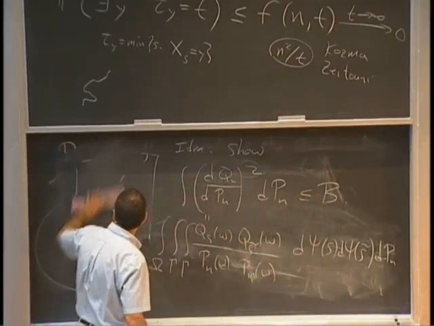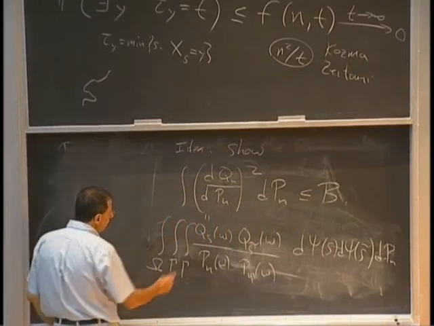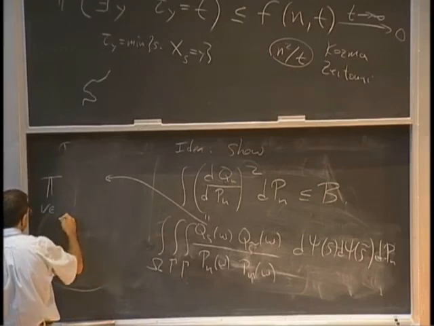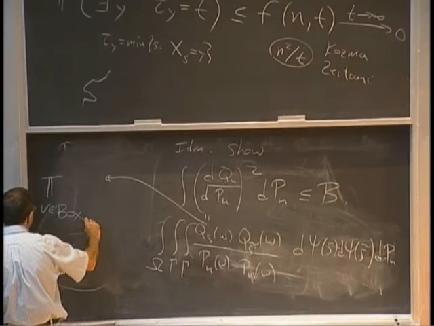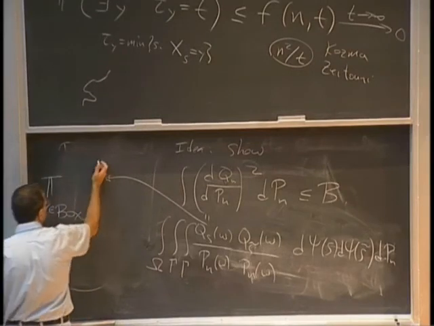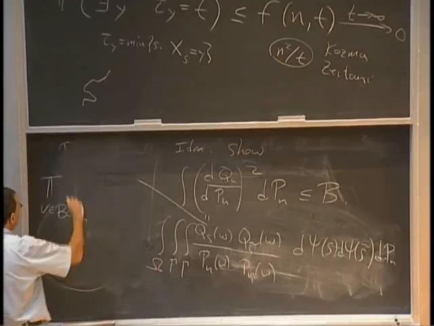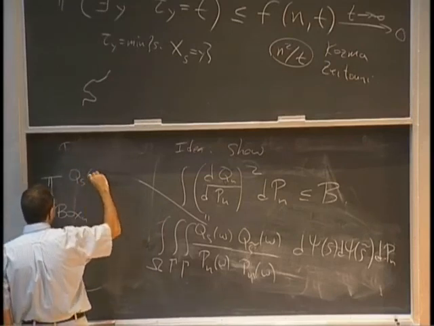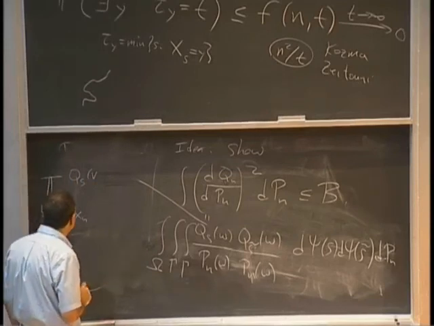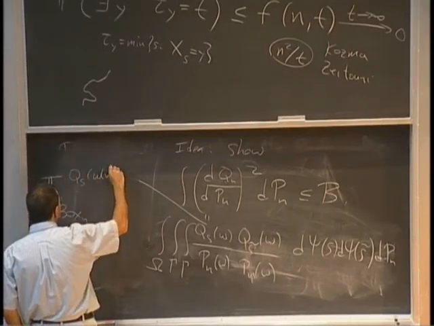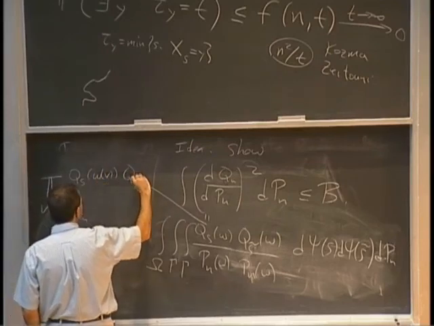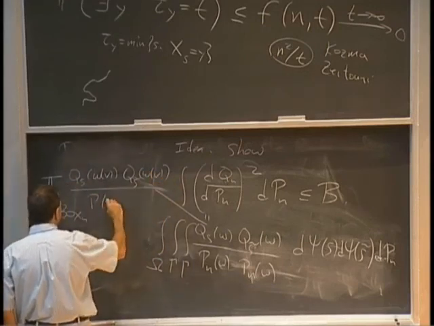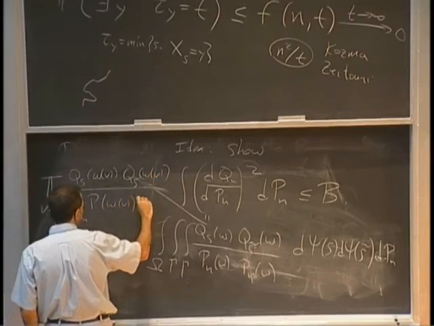All right. So what's inside the integrand here can be written as a product over all vertices v inside this box of side n, and there you have the product, which I'll write in this form: qs of omega at the point v, qs tilde of omega at the point v, divided by p of omega at the point v, squared.